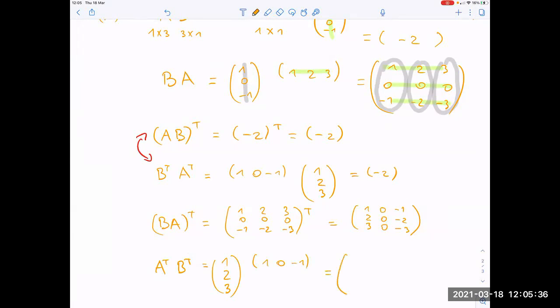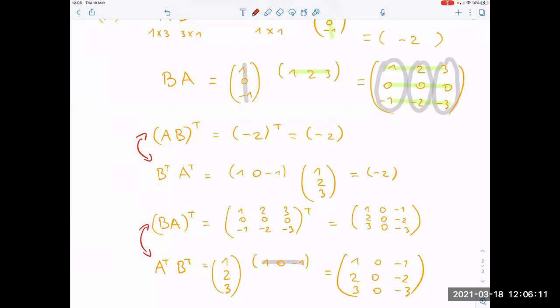Now, if you compute this, what do you get? We know that the rows are going to be multiples of this one using these numbers. So what we get is 1, 0, minus 1, 2, 0, minus 2, 3, 0, minus 3. This is how you get the result. And again, they are equal.